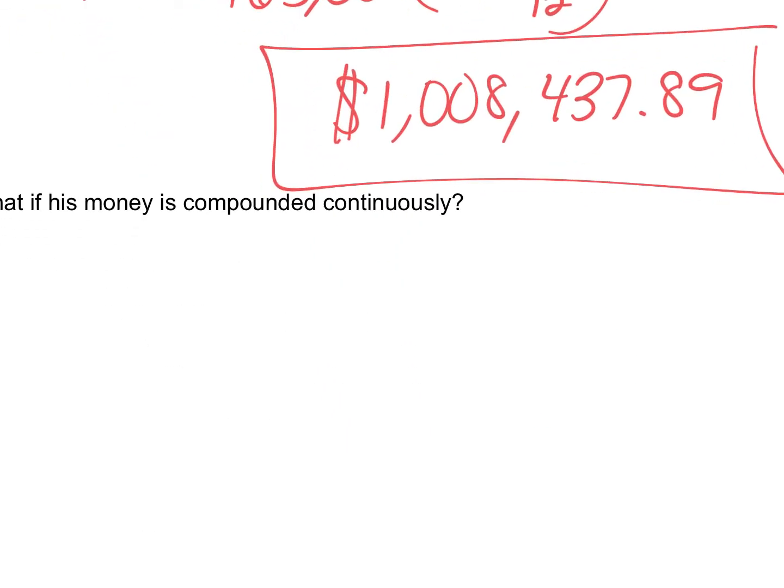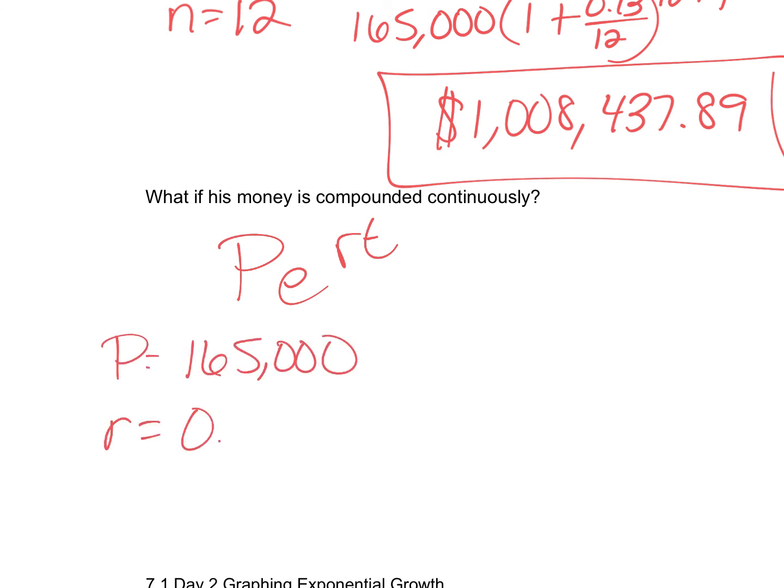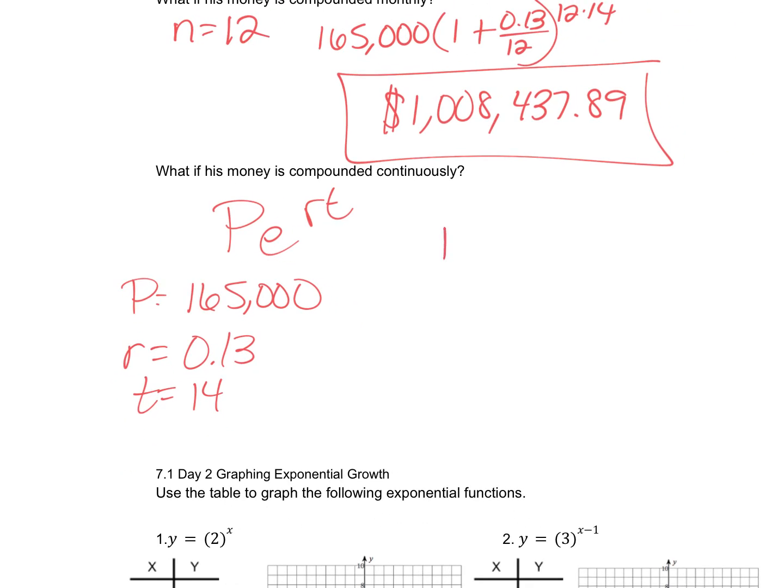Okay, now last problem. What if he compounded it continuously? So this is that PERT formula. So the P is still going to be 165,000. The rate is still 13% or 0.13. And the time is still 14 years. Okay, so I would highly suggest you putting this in your own calculator.